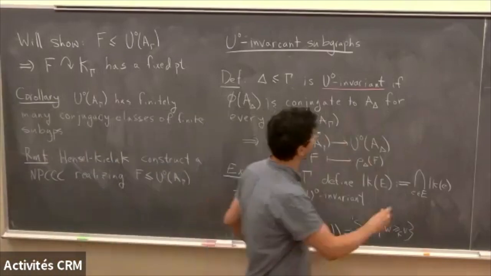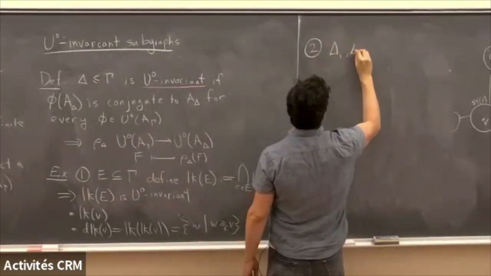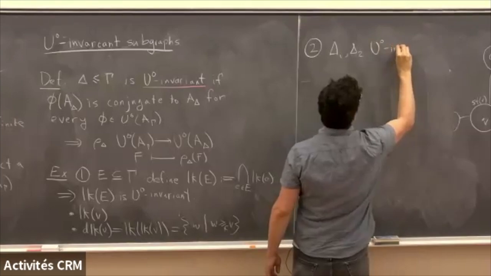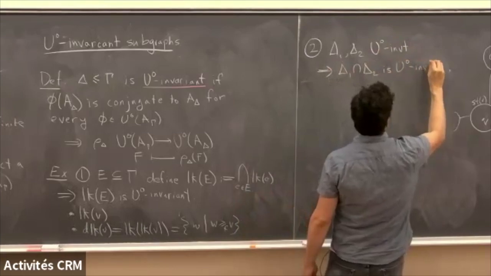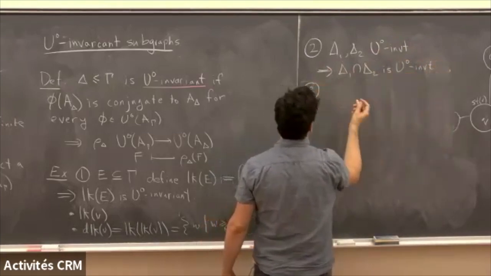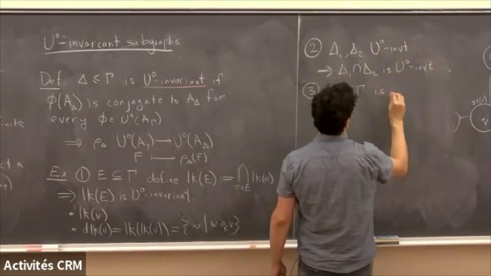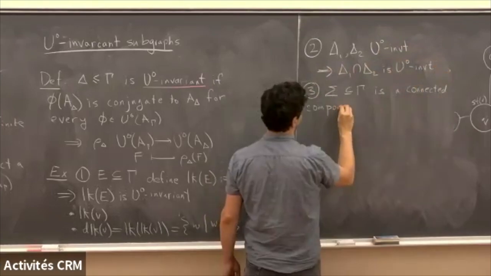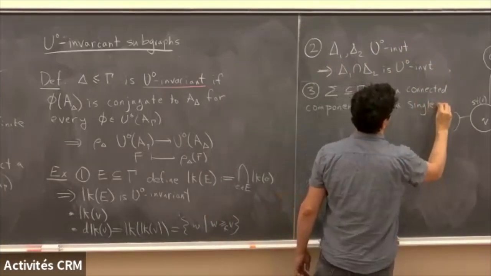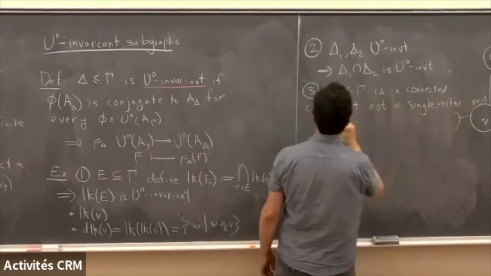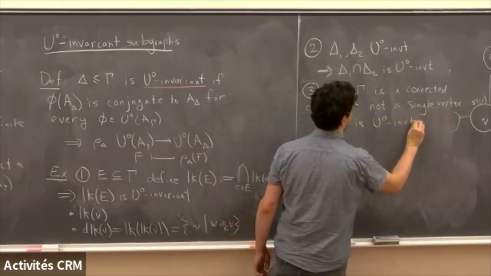Right. So what else is true about U0 invariant subgraphs is I can take intersections. So if delta 1 and delta 2 are U0 invariant, then so is their intersection. And the last example I'll tell you is that if gamma is maybe disconnected and sigma is a connected component, which is not a singleton, not a single vertex, then sigma is also U0 invariant.